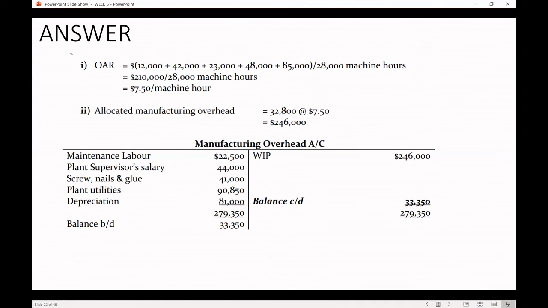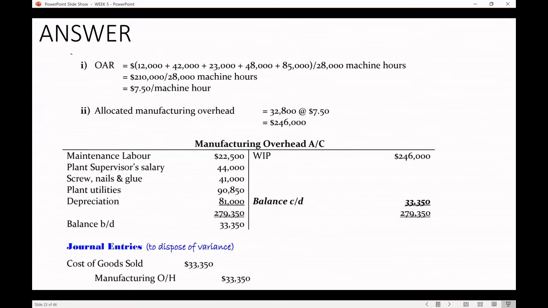So from the onset, we know that to close it, we're going to credit manufacturing overhead. But what's the other account? In the question, it told us to close it to cost of goods sold. So here the debit is inevitably going to go to cost of goods sold.